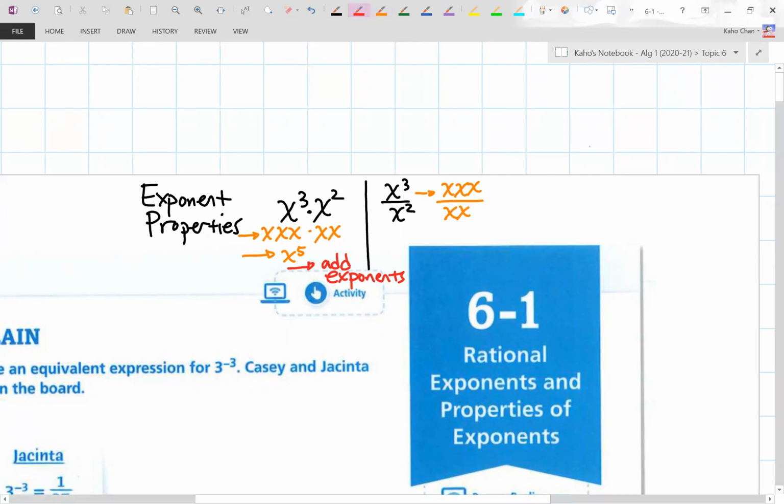And when you reduce that, you're left with a single x, or x to the first. Just like the last one, the exponents are related, in this case, by subtracting them. Here you subtract. That's the rule there.